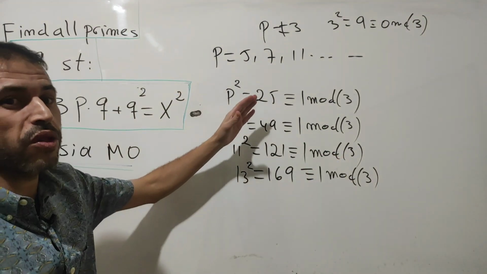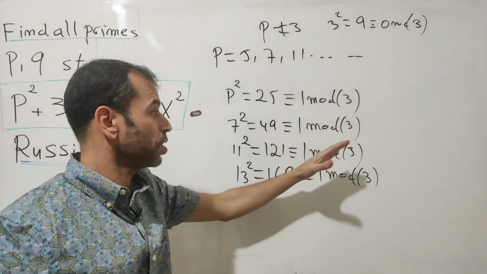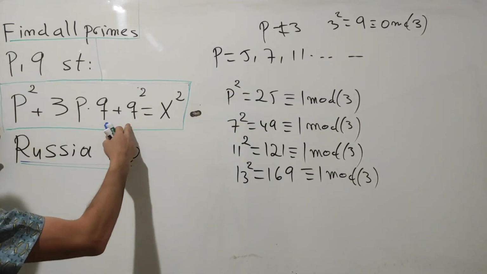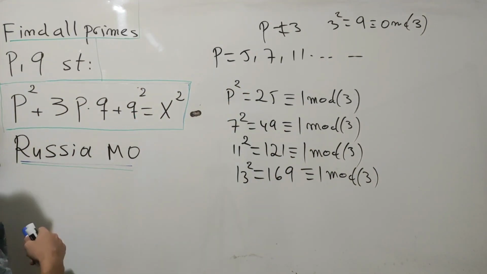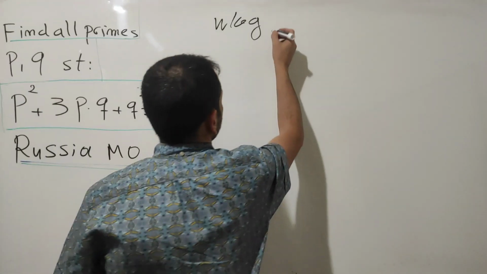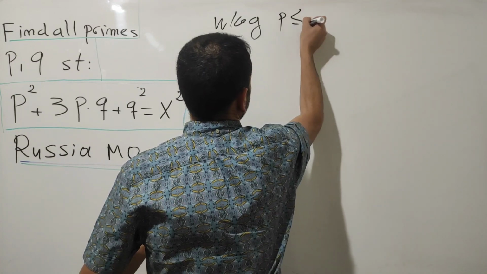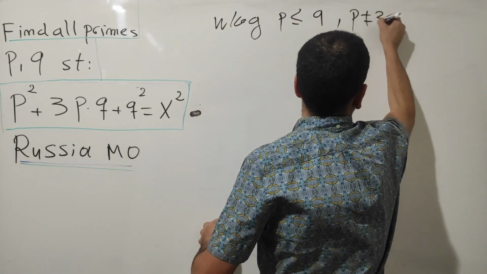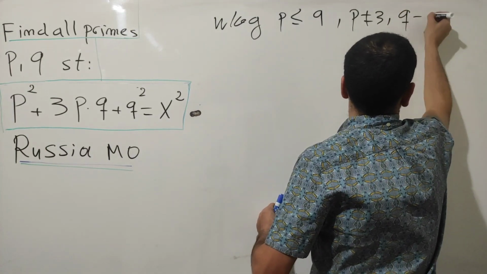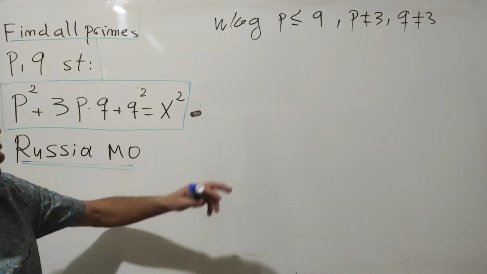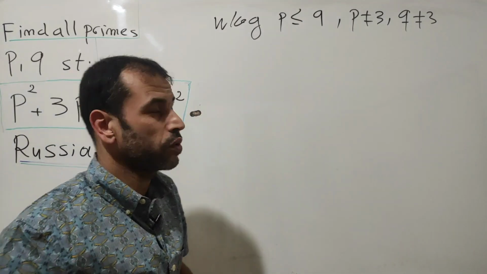So based on this information that we have extracted, we are going to apply mod 3 on this equation, to see what it gives us. Without loss of generality, we take p less than q, but p not equal to 3 and q not equal to 3. First of all, I'm going to assume p equals q.